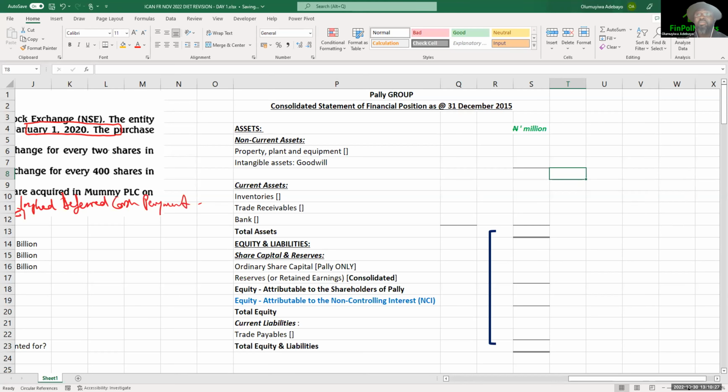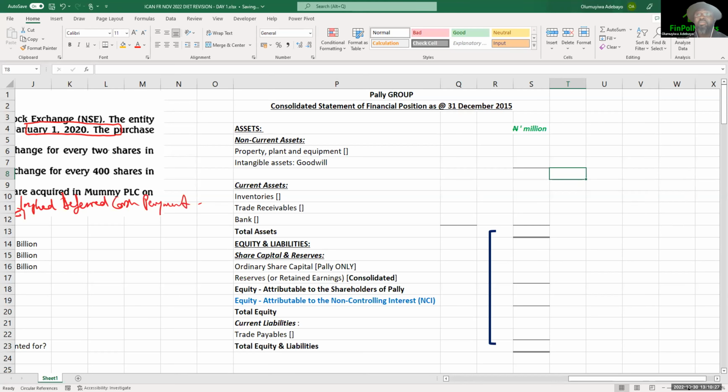Now I have information about this, okay. I can put as many information there. Inventory, trade and bank, I have it there. Share capital, there was share premium. Therefore, let me just bring that in. Share premium.